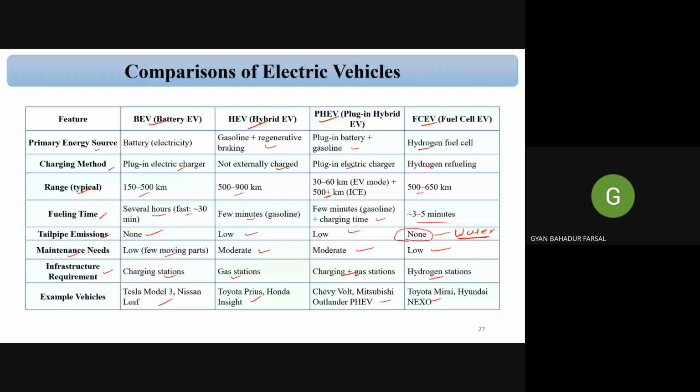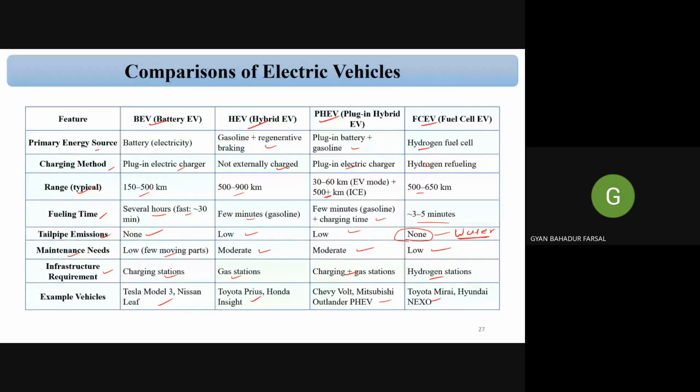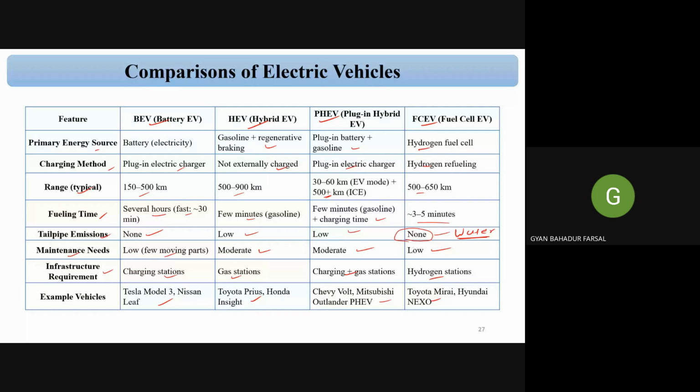Battery EV, sir. Is battery cheaper or costly? No, battery is costly, but here there is hybrid EV, plug-in hybrid EV, fuel cell EV, then BEV is cheaper, sir. Okay.